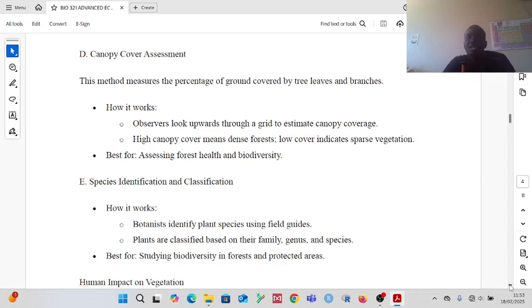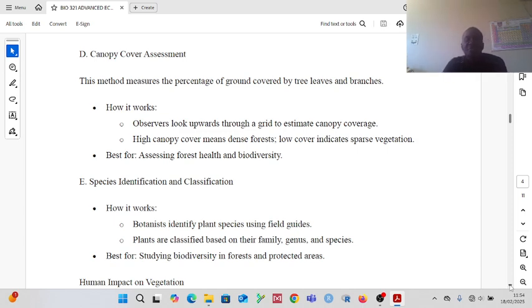Okay. So the canopy cover assessment is best when you are assessing the health of a forest and biodiversity. When you have a high canopy cover, the forest is rich and dense in that area. But when you have a low canopy cover, then the vegetation in that place is very sparse.